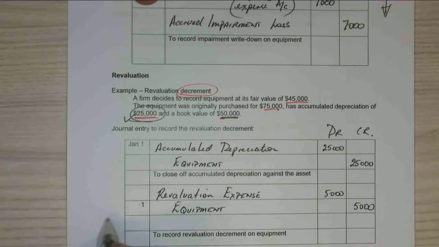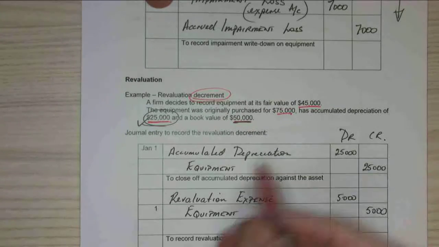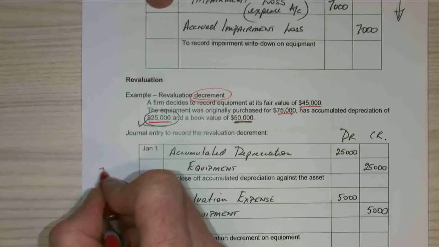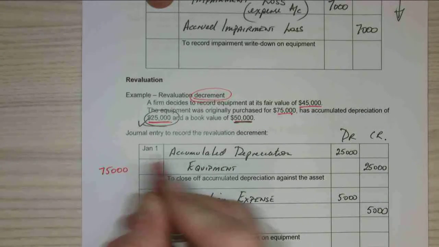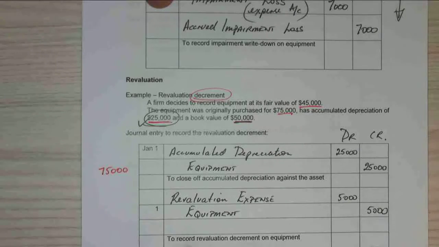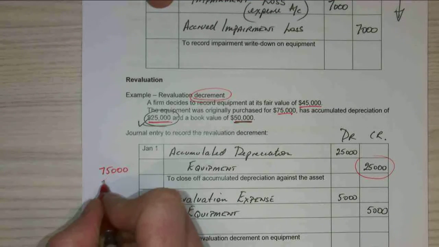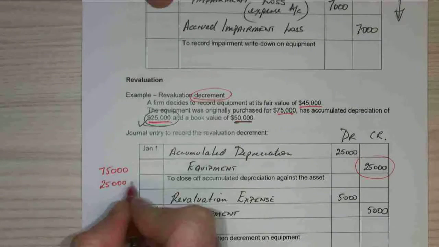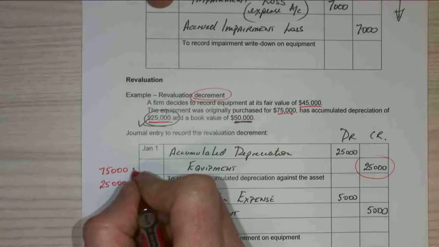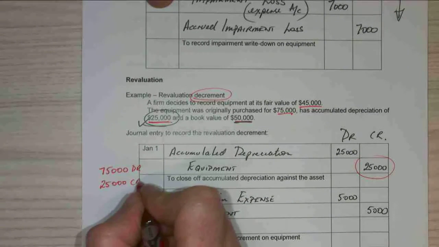Now, what we've got there is an asset with an original cost of $75,000, which I would have put into my asset account. With this entry I've reduced that by $25,000, because remember this is normally a debit balance and what I've got here is a credit.